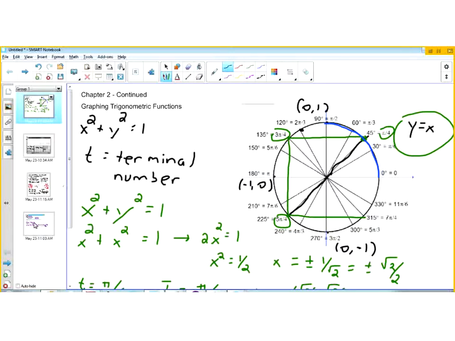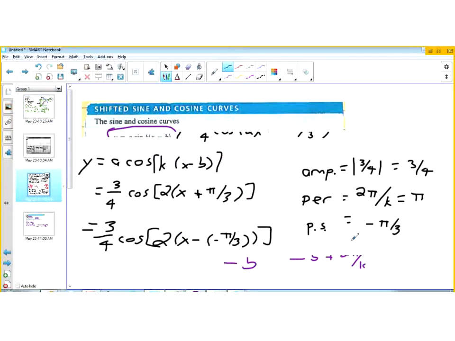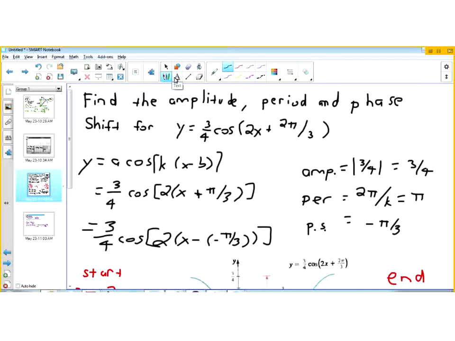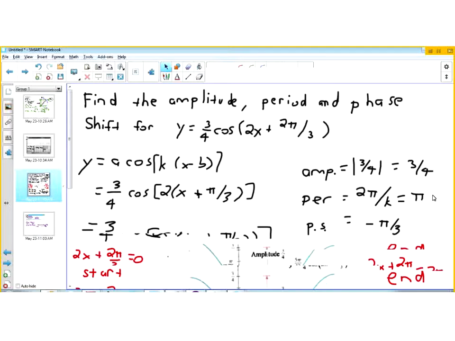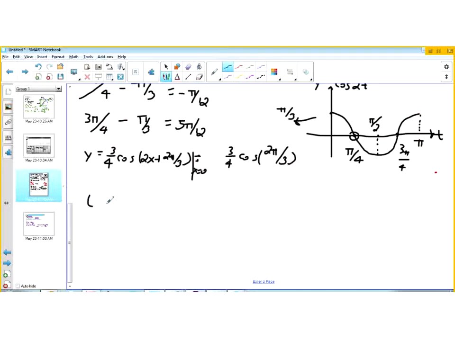So here's how you would reason through that. Okay, so what is 3/4 cosine of 2 pi over 3? All right, so what is the terminal point for 2 pi over 3 radians?